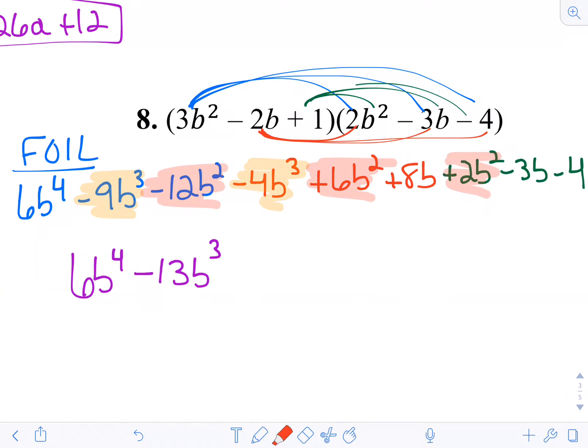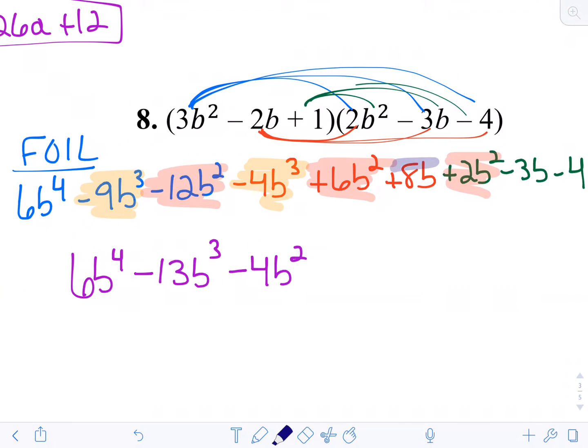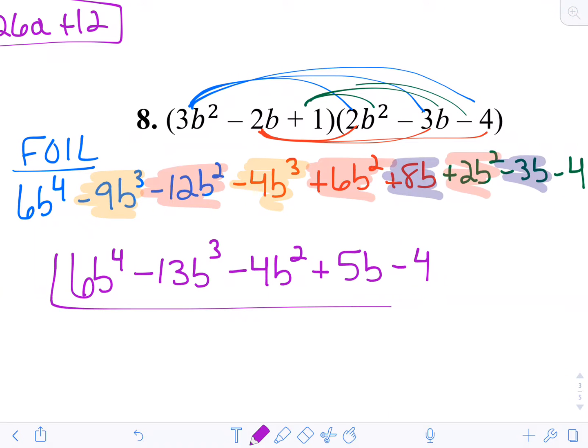So negative 12 and 6, that would give you a negative 6. Negative 6 plus that 2 will give us a negative 4. So negative 4b squared. And then the next thing that we have is this 8b and a minus 3b. So 8 minus 3 is 5, so plus 5b. And then we have a minus 4 hanging out in the back by itself.